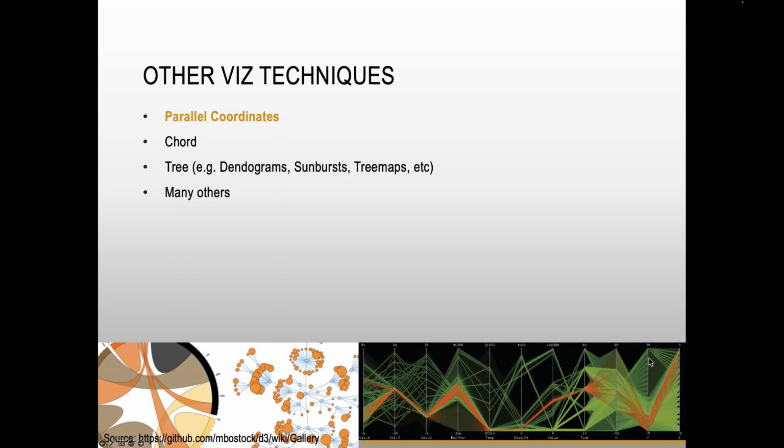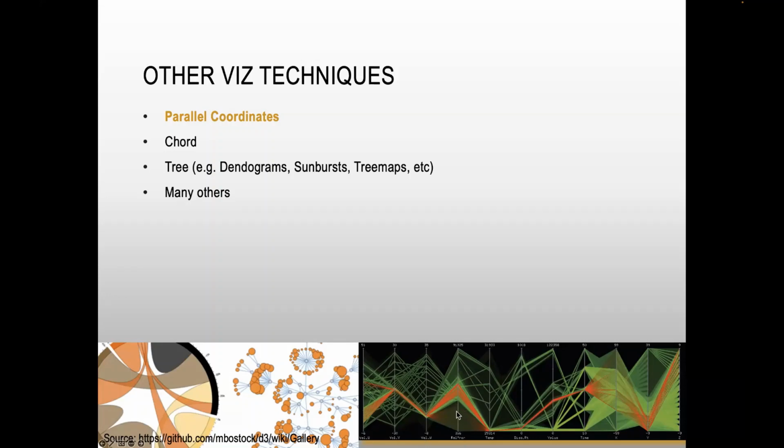Each axis represents a different variable. And you connect each variable along each axis, cell-wise, with a line. Once you connect all these axes, you get a maze of lines. And this is essentially a parallel coordinate plot.